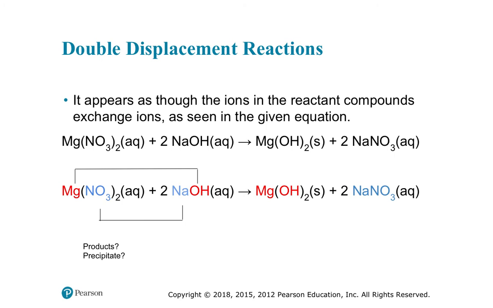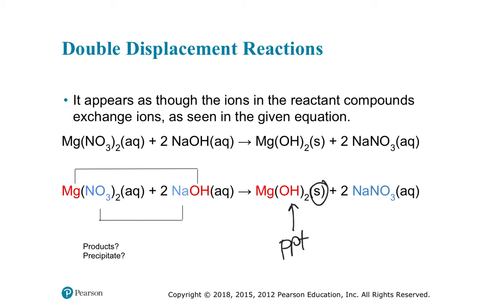Okay, so here we have these double replacement reactions where two ionic compounds are being combined, magnesium nitrate and sodium hydroxide, and they are switching partners. So now magnesium is bound with hydroxide and sodium with nitrate. Using our solubility chart, we can see which one forms a solid. Our reaction here shows that magnesium hydroxide is a solid and is going to form our precipitate.